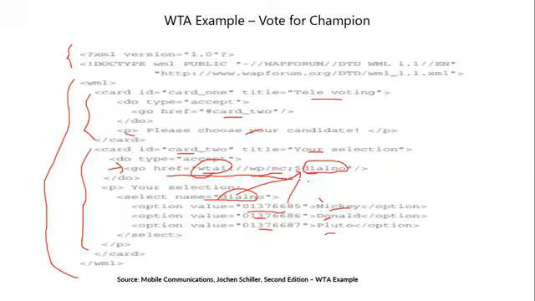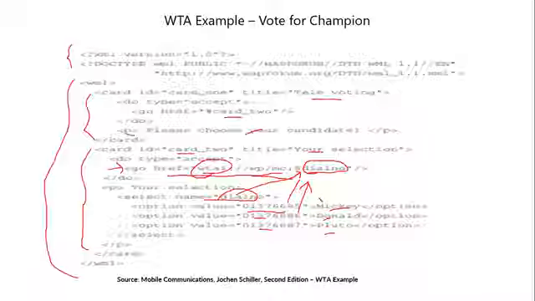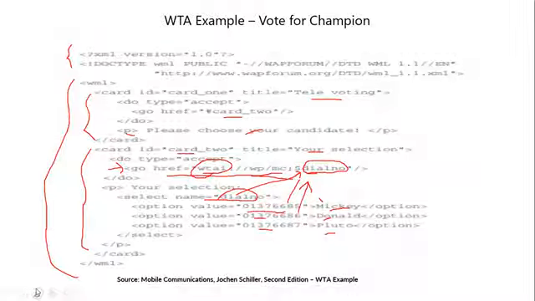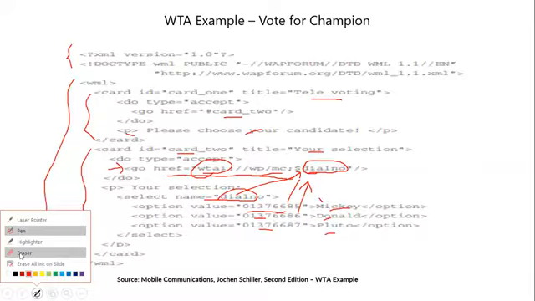If he selects Donald, the call will be established to Donald. If he selects Pluto, the call will be established to Pluto. So this is a simple example of how WTA can be used for automatic calling with WML.